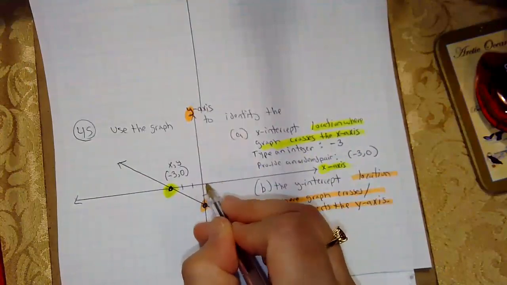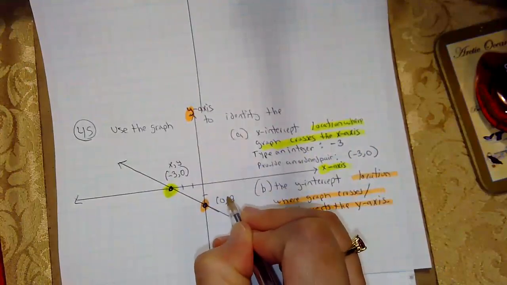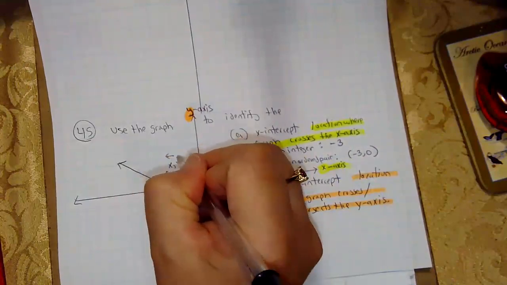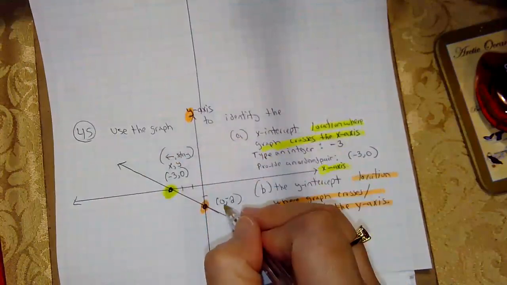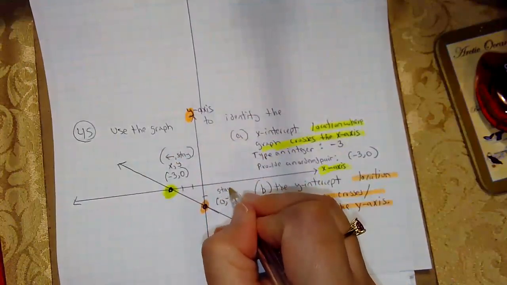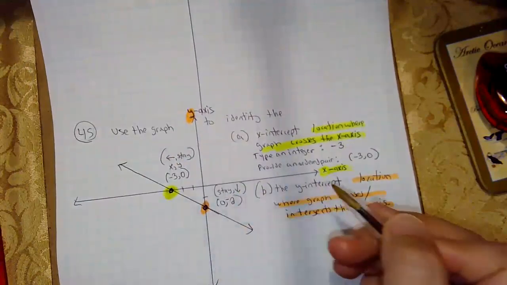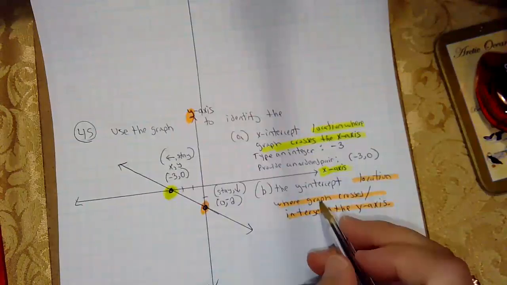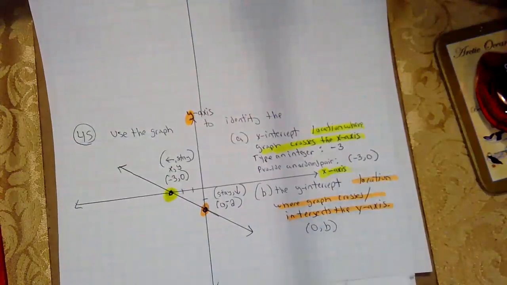You don't go right, you don't go left, stay, and you go down, negative, because they go down. So here we went left, and then we stayed. Here you stay, and then you went down. Okay. And those are characteristics of the x and y intercept. Remember, the y-intercept we said is the format 0, b, remember? Okay.